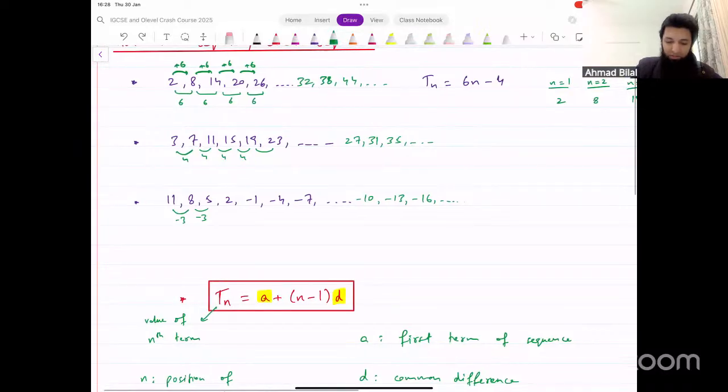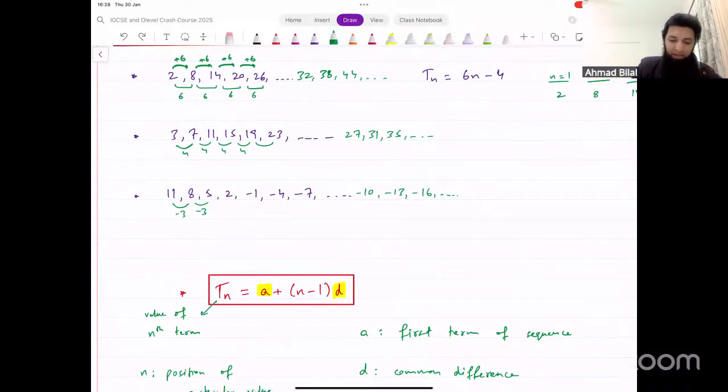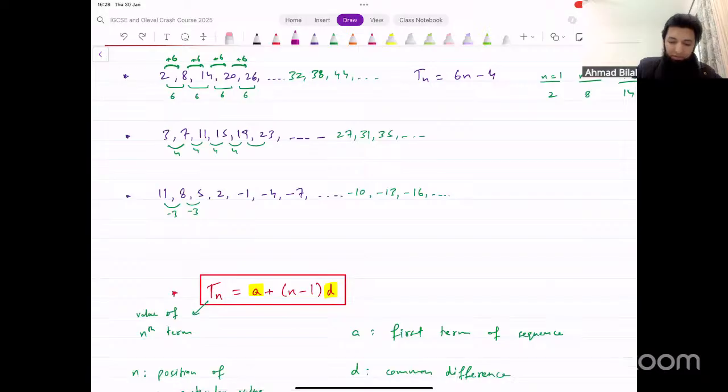What's the first term? The first term in the second sequence is 3, right? So we can say this is the value of a that we've got. What about the difference? How do we find the difference of a sequence? We take two consecutive terms and we find the difference between those terms, keeping in mind that we should be subtracting the previous term from the next term.